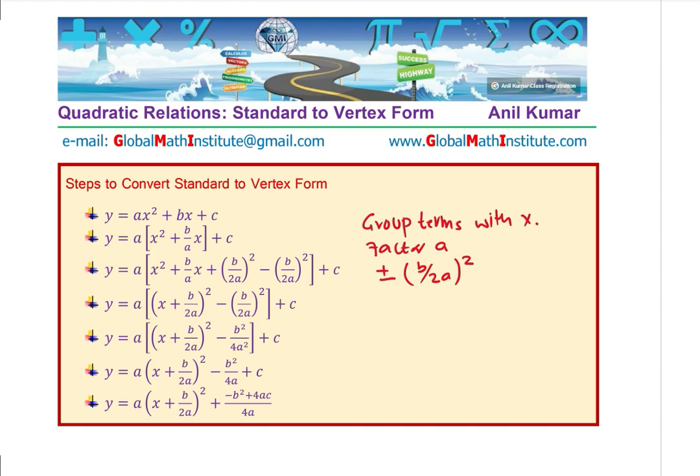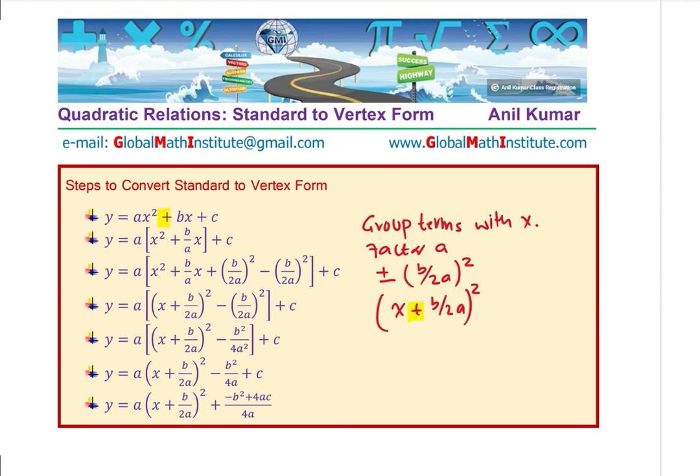So these are the critical steps. So that gives you (x plus b by 2a) whole square, where that plus sign comes if this is plus, right? And minus b by 2a whole square, which is the other term, will be treated as a constant and then further worked on. You get the idea of what we are doing, right?